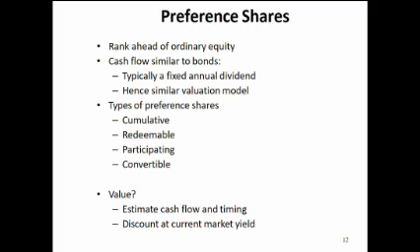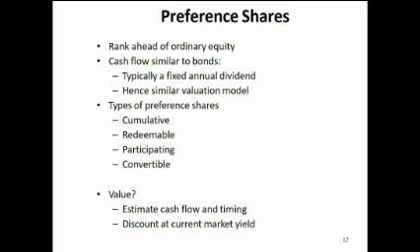So because preference shares also have fixed payments, which are similar to bonds and debentures, we are going to use a similar valuation model as when we valued bonds and debentures. Obviously, this model is going to depend on the different types of preference shares. So we can have cumulative preference shares, redeemable preference shares, participating preference shares, and convertible preference shares.